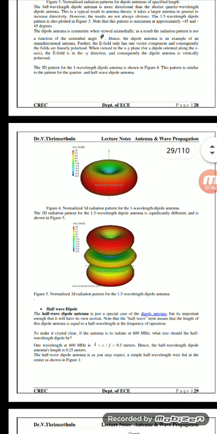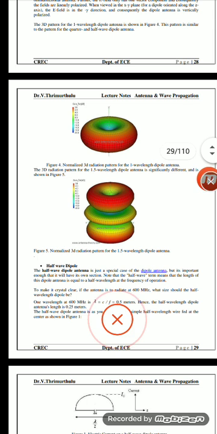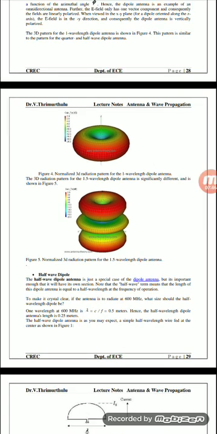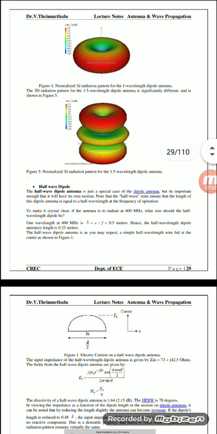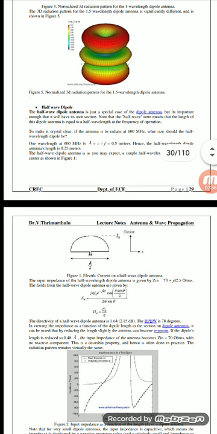Next, go for the half wave dipole. These are half wave antennas in three dimensions. The half wave dipole depends on the short antenna, with a small size: cos of (pi by 2 cos theta) over sin theta, with length lambda by 2.